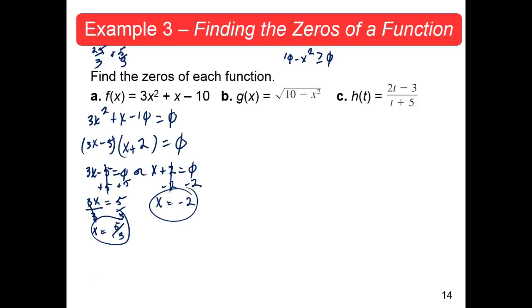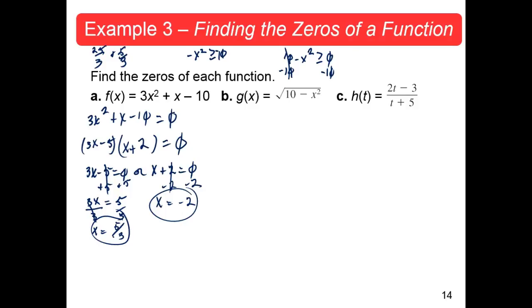What do we do now? How do you do that? Subtract 10 from both sides. That'll work. Minus 10 minus 10. Those go away, and that gives you a -x squared is greater than or equal to -10.